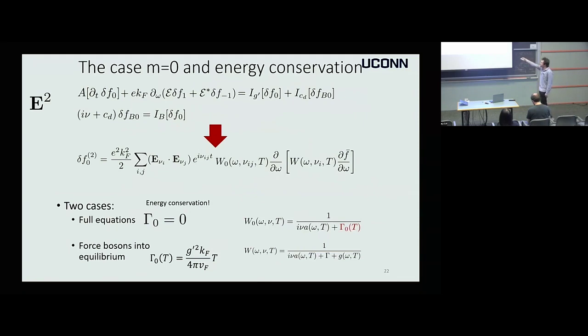The answer looks as if you just put in some other scattering rate, but there are two important things, let's say, one sanity check, one result. So the sanity check is that if you take these two equations as given and solve them, then the scattering rate for this zero angular momentum harmonic becomes actually zero.